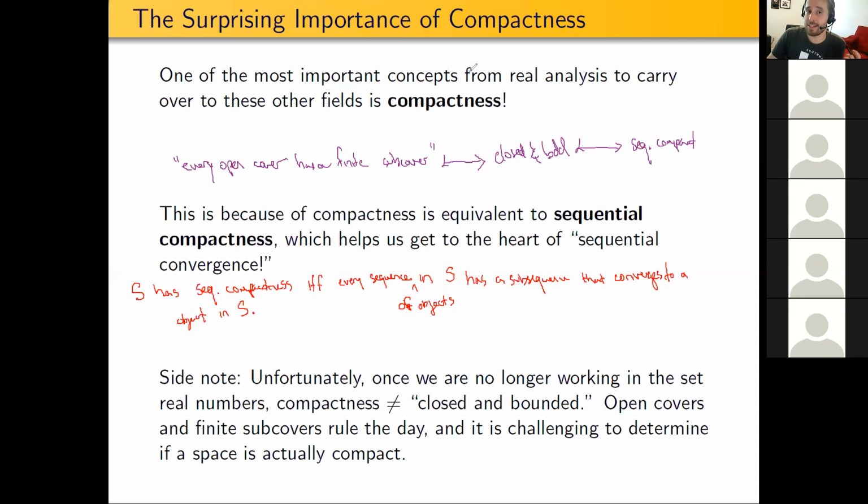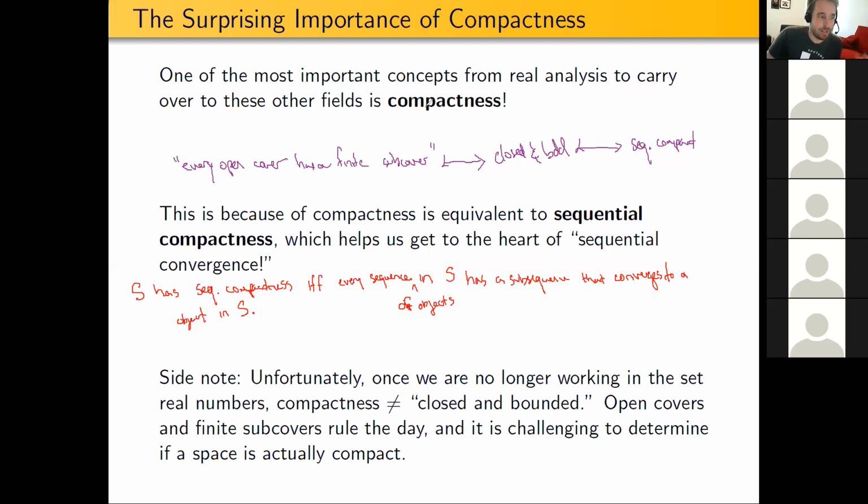And so we can guarantee at least that some subsequence converges to some limiting object. And that's huge in some of these really abstract situations where it's hard to even think through what these objects look like or what the possibilities are. That can be really helpful. So sequential compactness, which is equivalent to regular compactness, turns out to be really important.